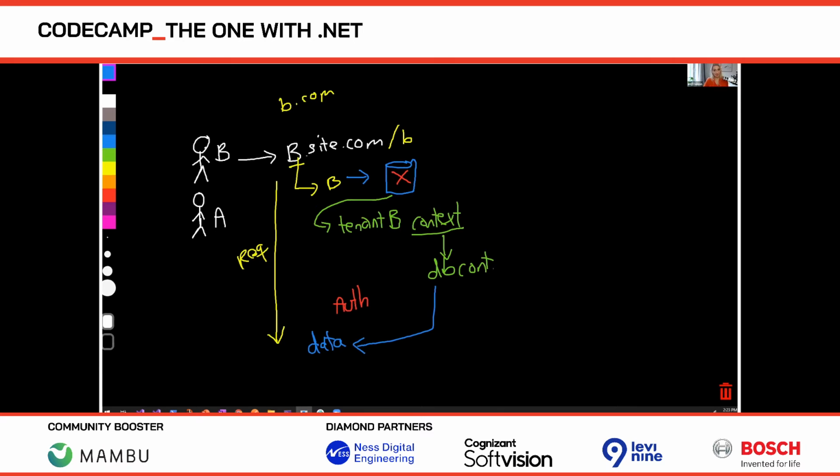Although there is obviously one really important piece missing here, and that is authentication. You need to have a way to authenticate and then also authorize. You usually have some form of authentication further down the line, but you do need a context to authenticate because you want to go against the right user table.